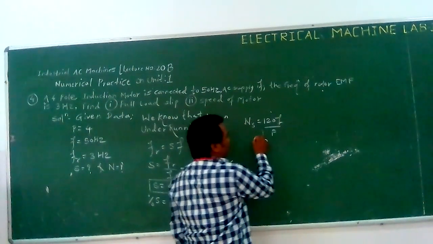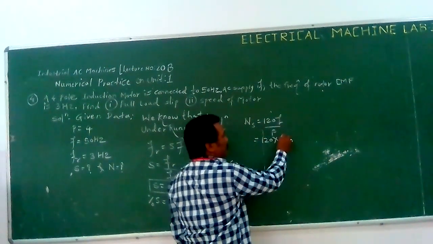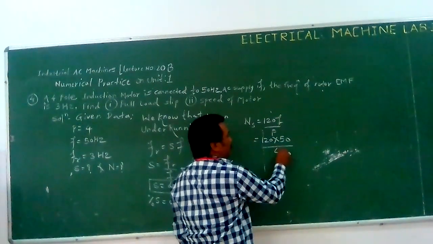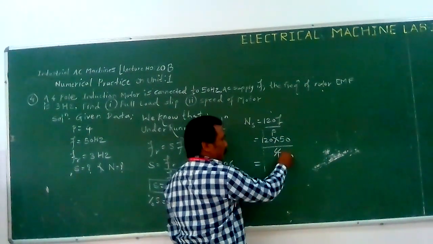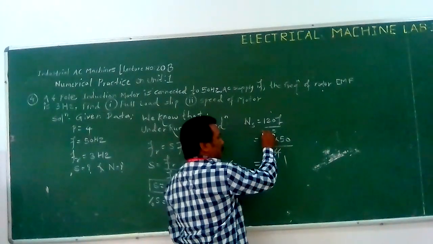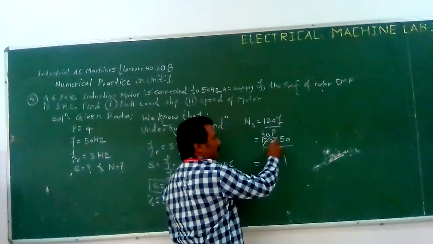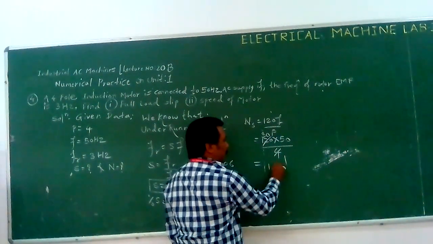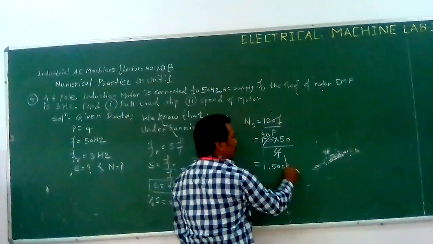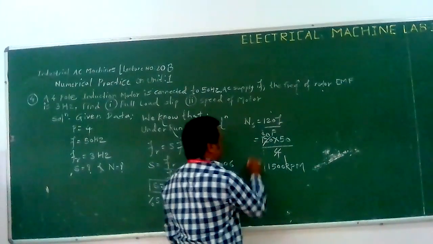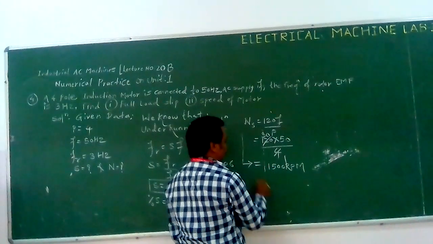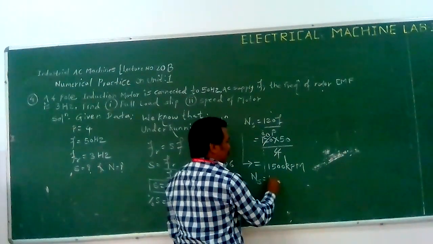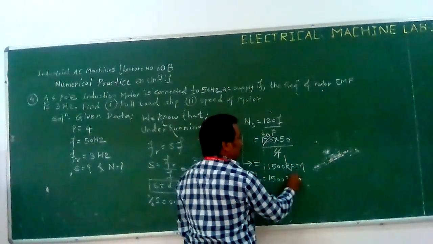Then by simplifying 120 into 50 divided by 4, 30 into 50 will be 1500 RPM. It is the value of Ns. Ns is 1500 RPM.